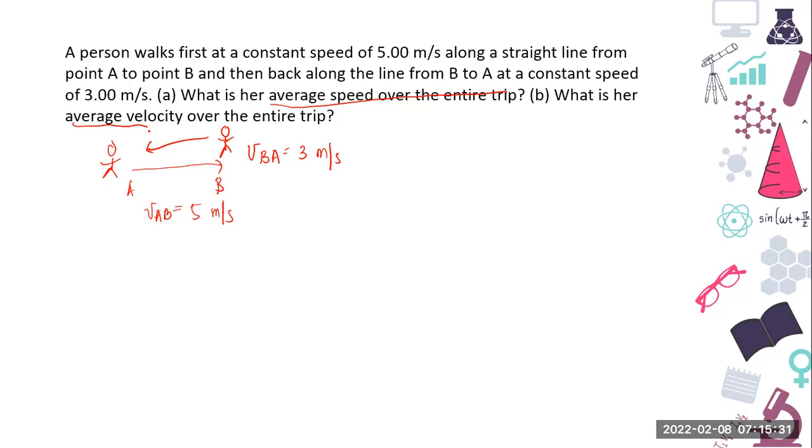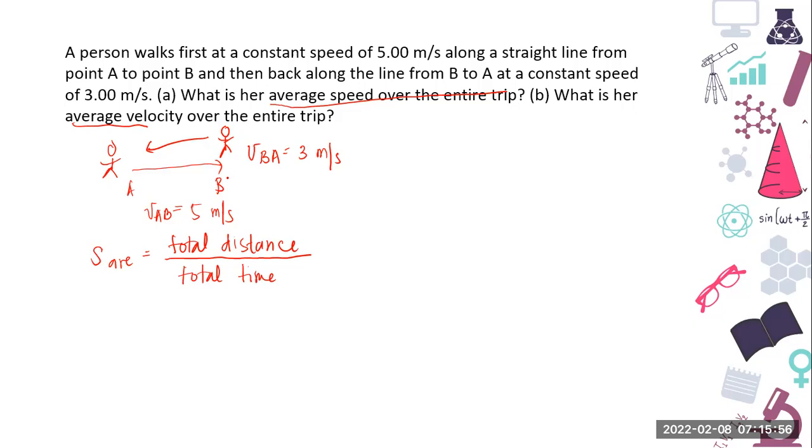And we have formulas for distance. Let's just use S average. We know that when we're getting S average, we get the total distance, as I've said. That's the main difference, distance and displacement over total time.